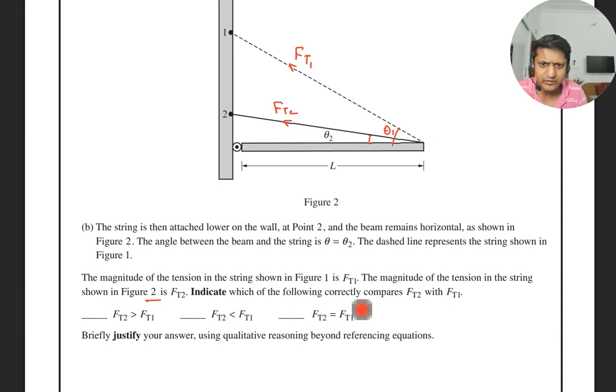Indicate which of the following correctly compares T2 and T1. So we have to tell which force would be greater. First understand that if we draw the free body diagram like this, this force is Ft and this is theta. I'm not taking 1 or 2, it is general Ft and theta.